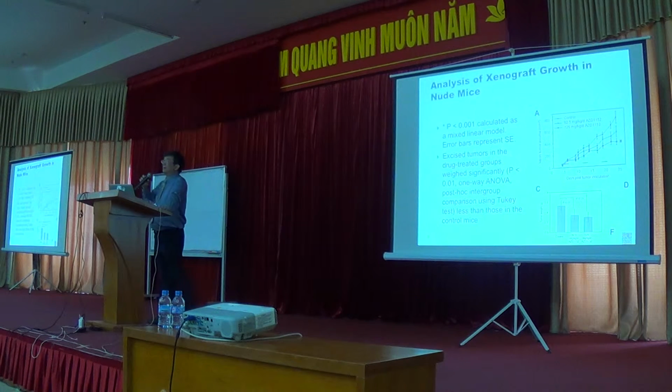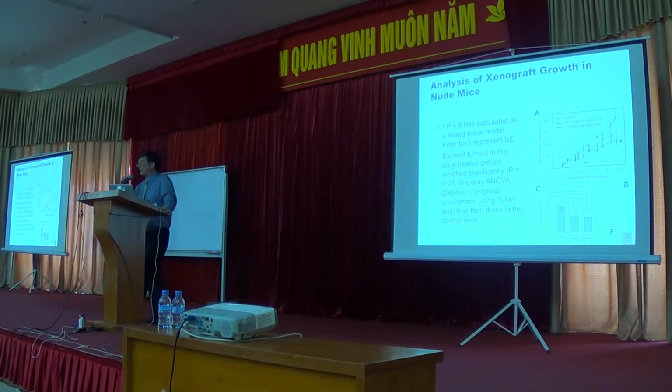Well, I'll tell you, there are mice that are mutants. These mutant mice have no hair, and they have a defective immune system. And therefore, they do not reject cells that are transplanted into them.